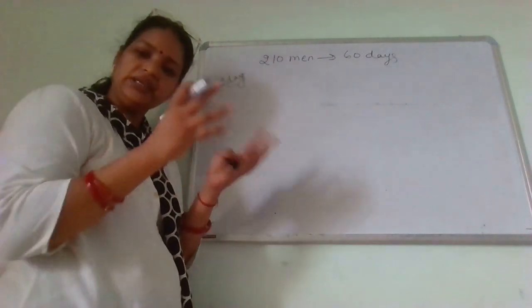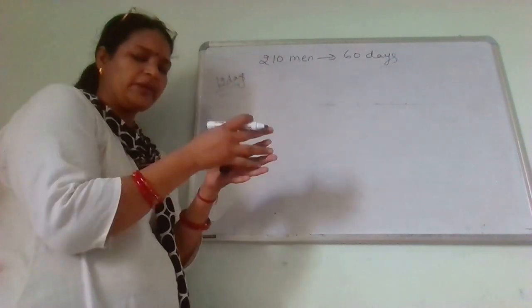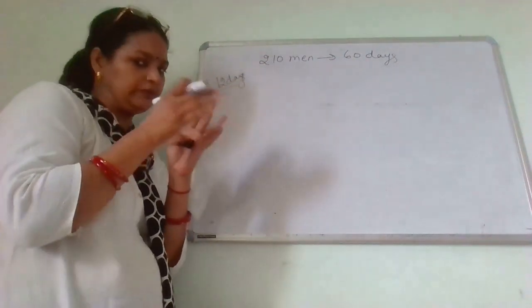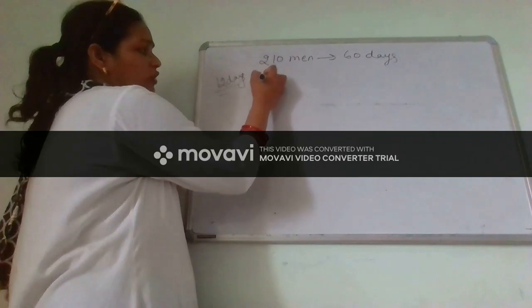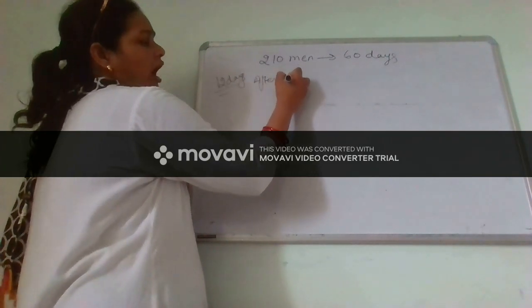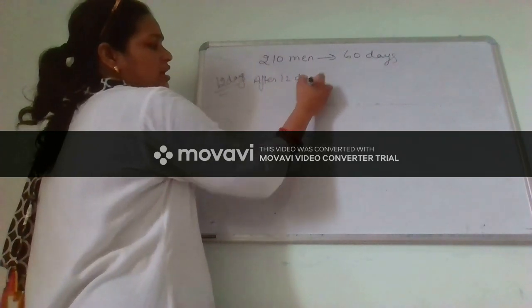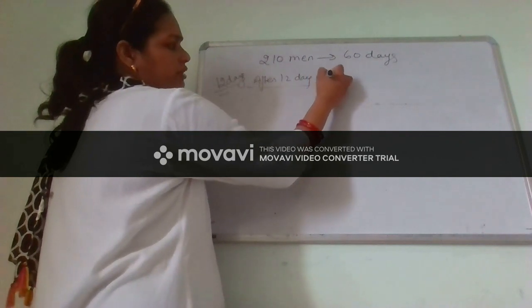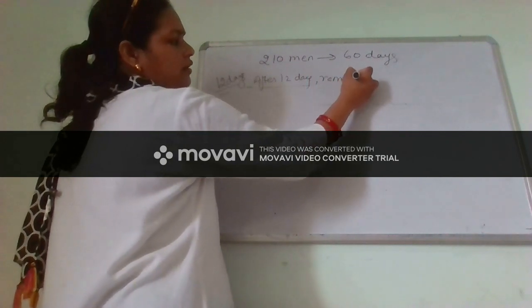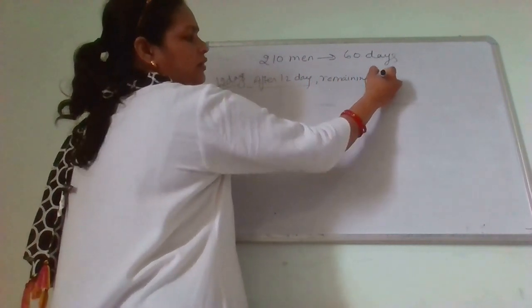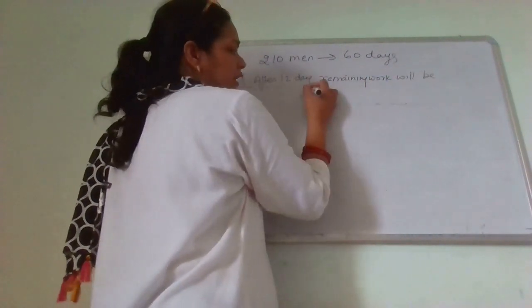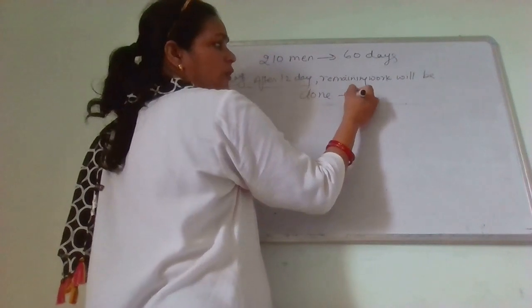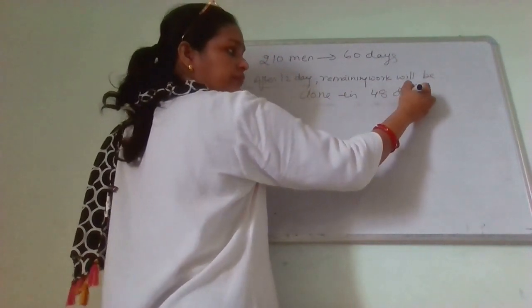So they have completed certain work, 1 portion, 2 portion or 3 portion, whatever, for 12 days. So after 12 days, the remaining work will be done in how many days? Will be done in 48 days.